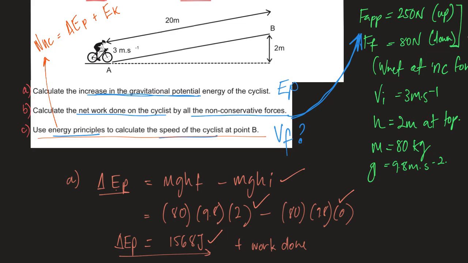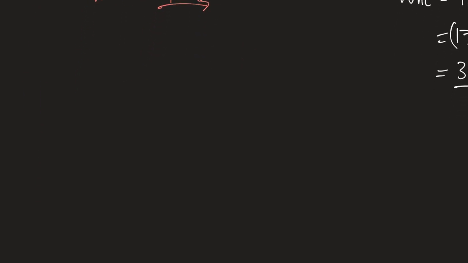In question 1, they asked me to find the change in EP, which I did. In question 2, they asked for the net work done by all non-conservative forces, which we did. Now we need to find VF, and the only way to find VF is to use the change in EK. So let's have a look at how that plays out.